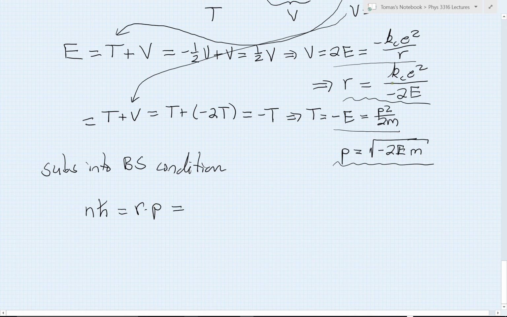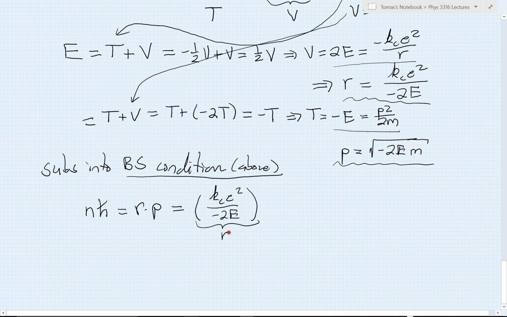So the radius r is this quantity, that's k_c e squared over minus 2E. And the Bohr-Sommerfeld condition, remember, was above. This term then is the radius r. I have to write in also the term that represents the momentum p to do r times p, which is the square root of minus 2Em.